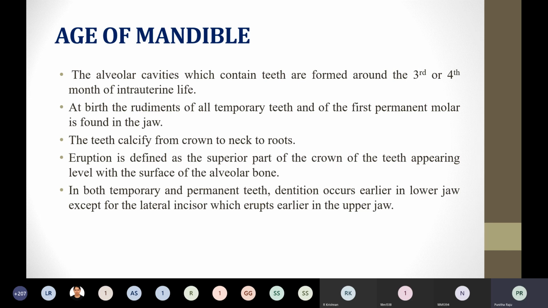This mixed dentition is seen up to the age of 12 years.